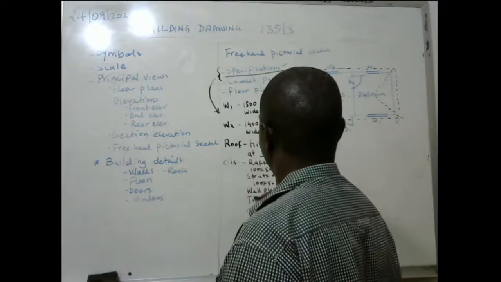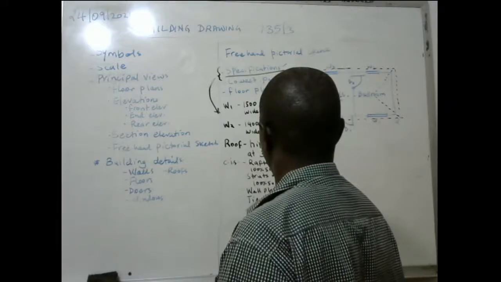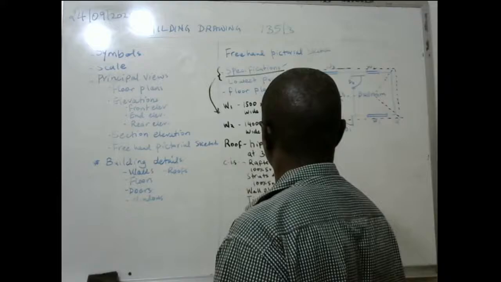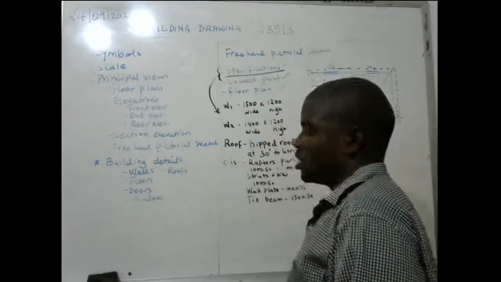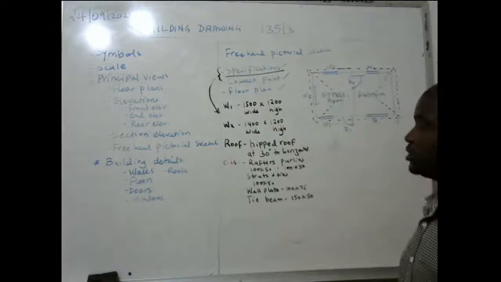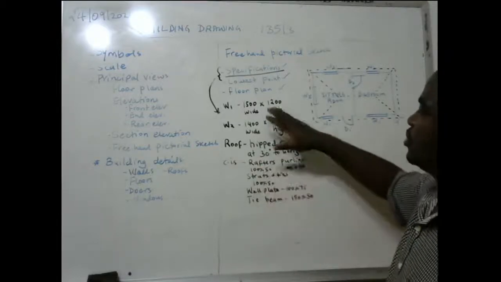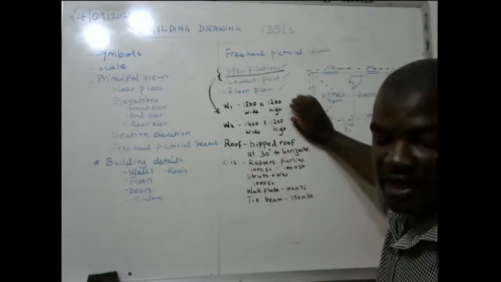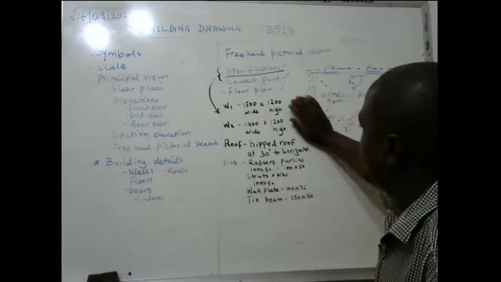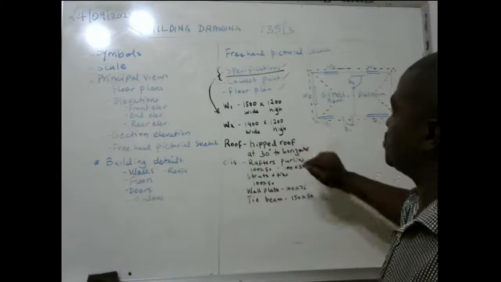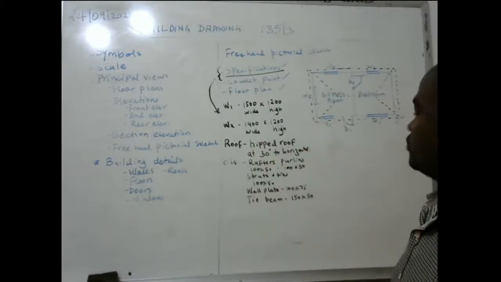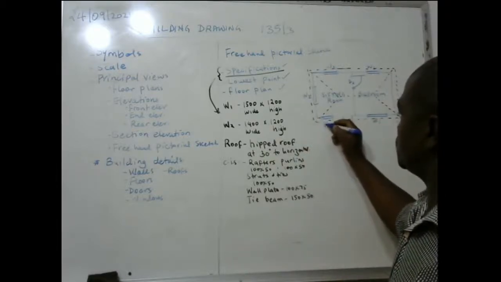We have the tie beam, which could be 150 by 50. And any other information that may be helpful in understanding this particular building. Those are all what we call specifications.